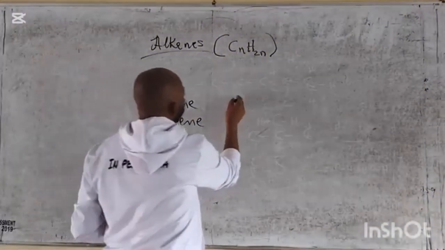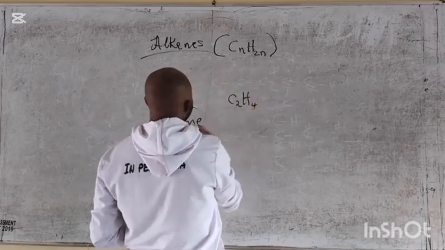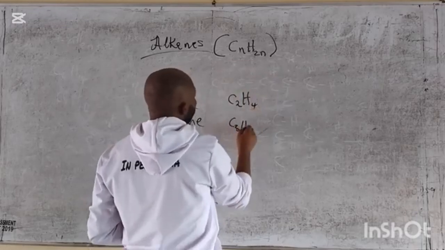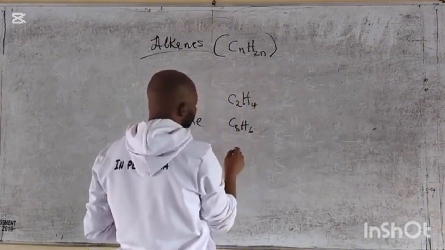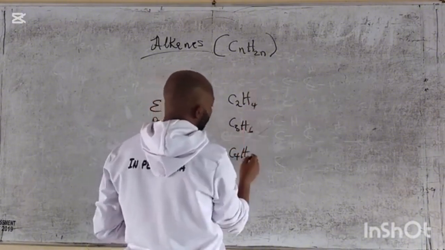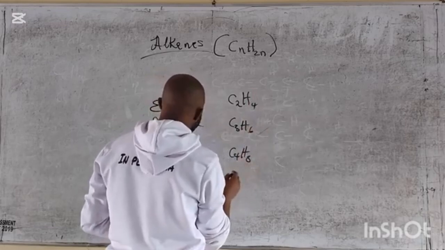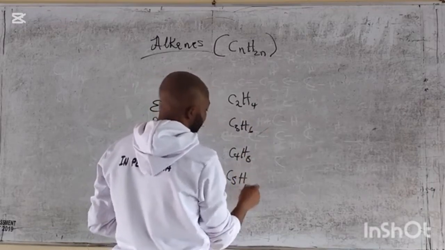So I have C2H4. Propene, C3H6. Butene, C4H8. And pentene, C5H10.